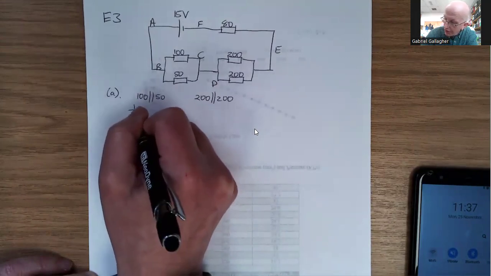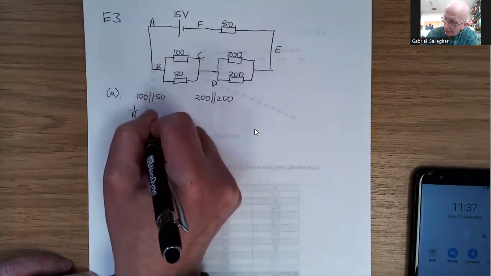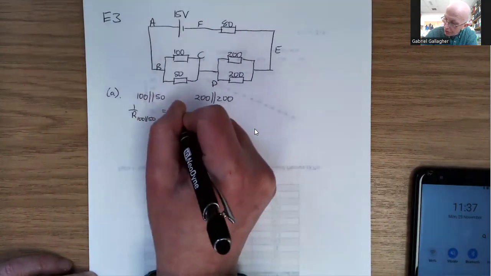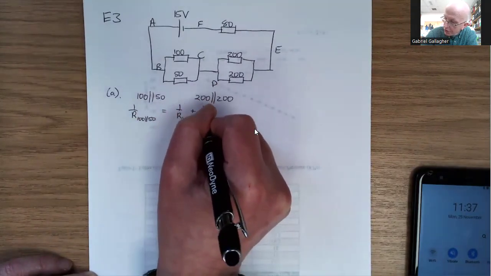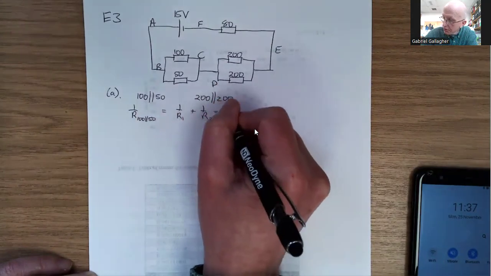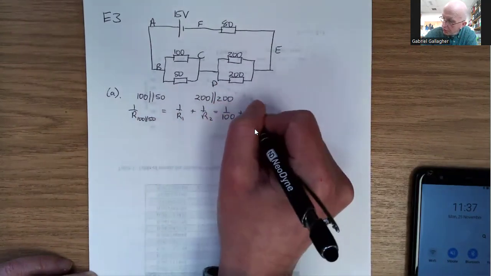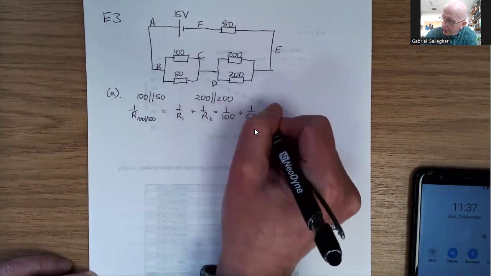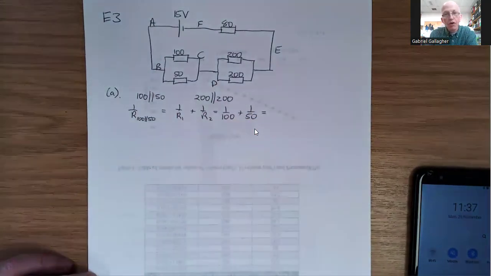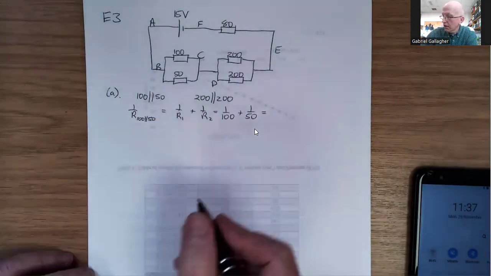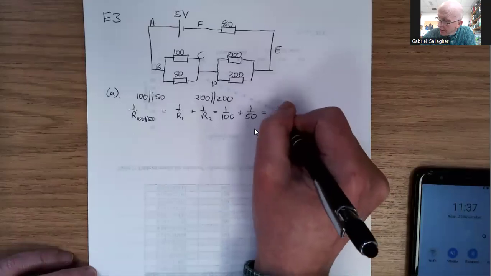1 over R for 100 parallel 50 equals 1 over R1 plus 1 over R2, equals 1 over 100 plus 1 over 50. You can do this by fractions, or just use your calculator.